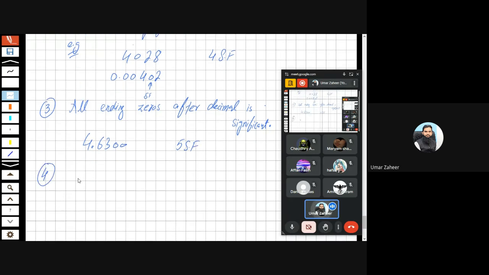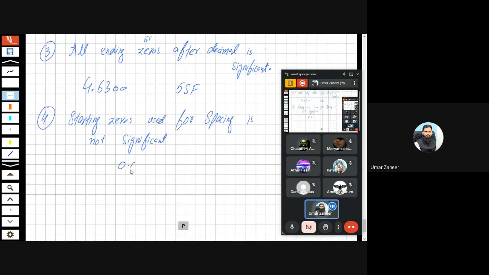The fourth rule for significant figures is starting zeros used for spacing are not significant. The number I have right here is 0.00402.